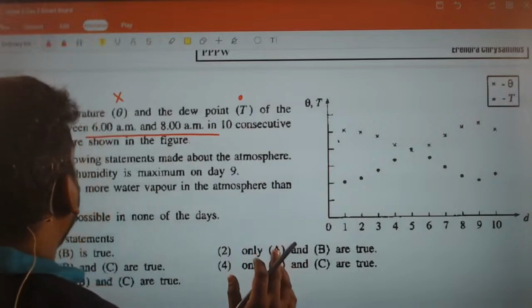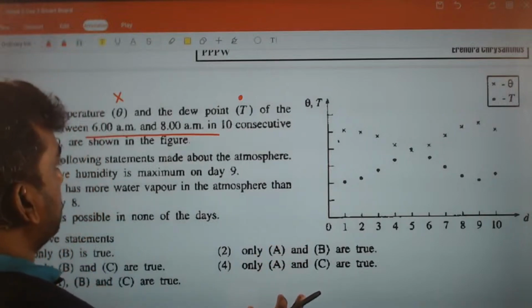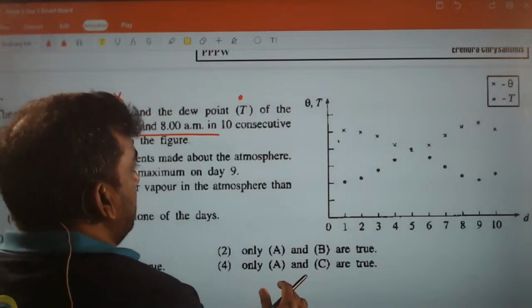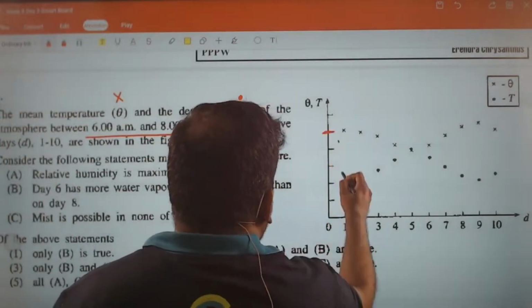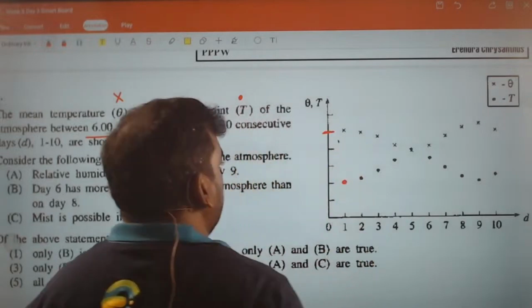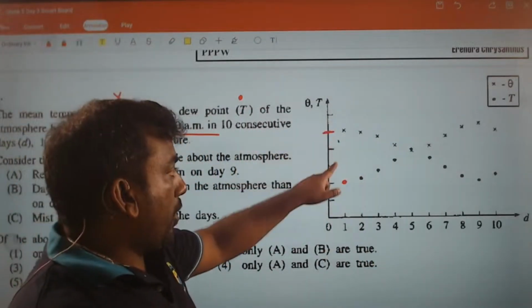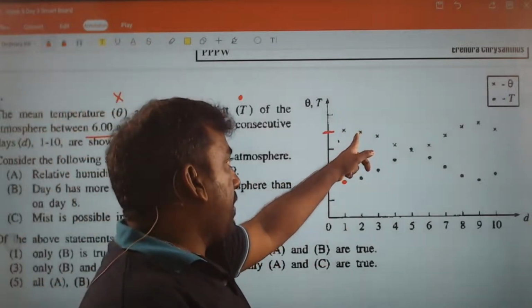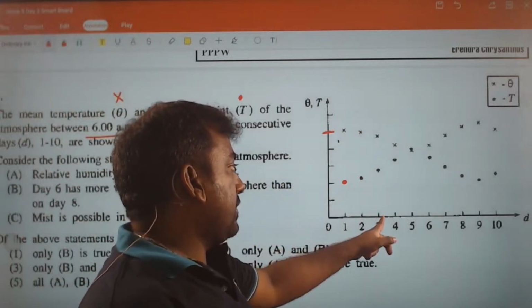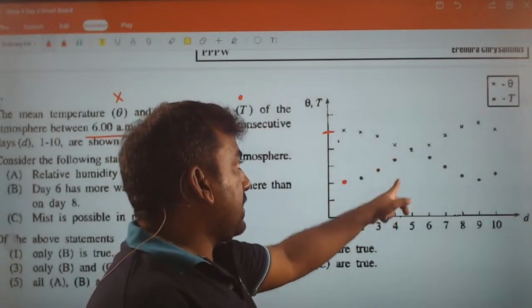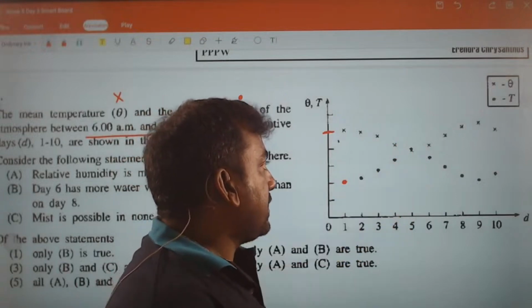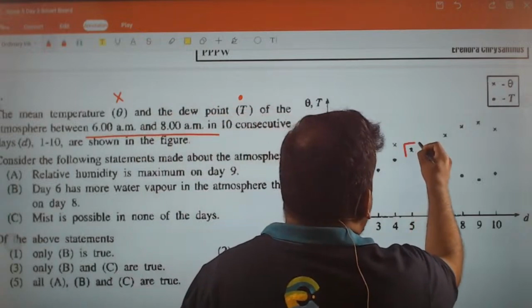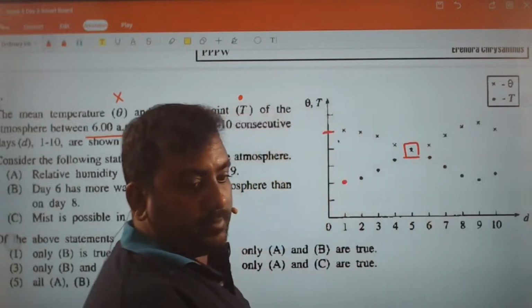So, the mean temperature and the dew point temperature. Mean temperature is somewhere here. Dew point temperature is low. Day number 1. Next, mean temperature there, dew point is increasing. Somewhere here mean temperature and dew point both are equal.